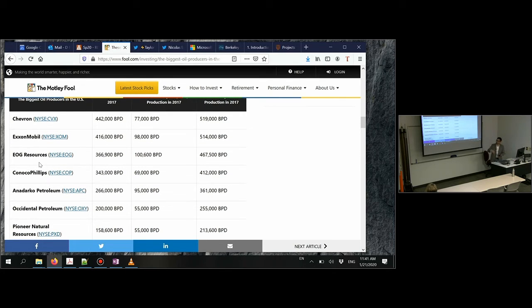But let's just follow the list. ConocoPhillips also does conventional and unconventional. It has done quite a bit of unconventionals recently. Anadarko, based in the Permian Basin, is a lot of unconventional. They also have some conventional assets, but quite a bit of unconventionals.